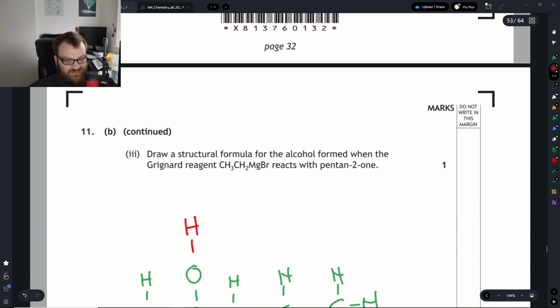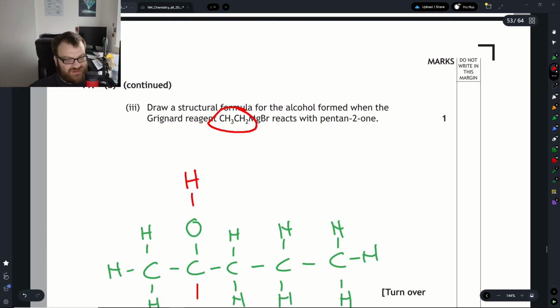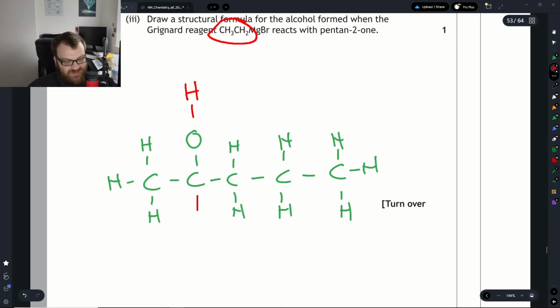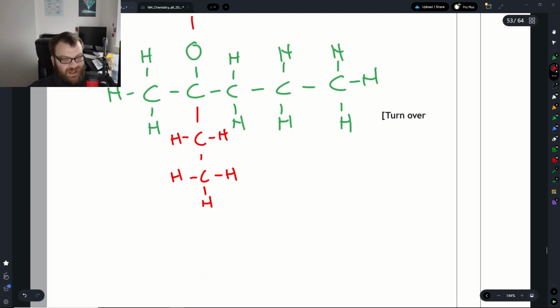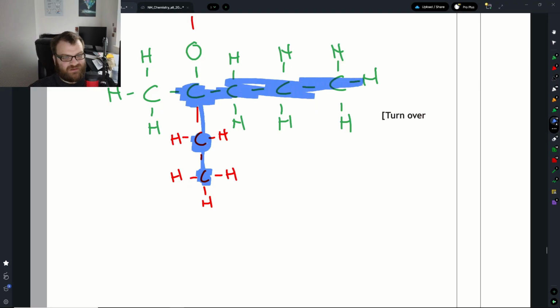The one we're asked about, we're told again there are 2 carbons coming on. So all I'm going to do is put my 2 carbons down here. I have C with 2 H's. If you were asked to name this, you've got 1, 2, 3, 4, 5, 6 carbons in the longest chain. That's going to be hex.